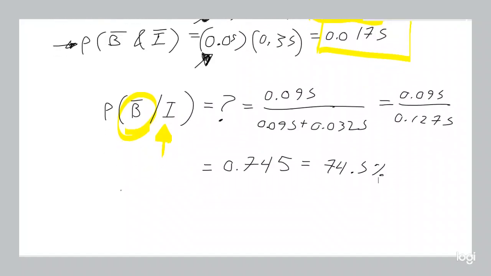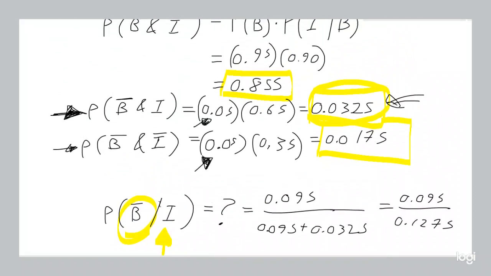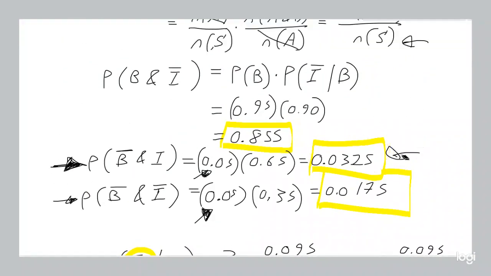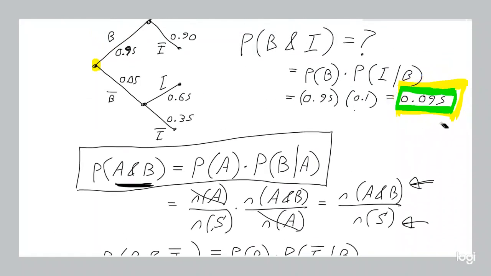Alternatively, we can ask, what's the probability that someone was wearing a seatbelt given that they did not receive an injury after a serious accident? Now of our four possible results, which ones are we looking at?